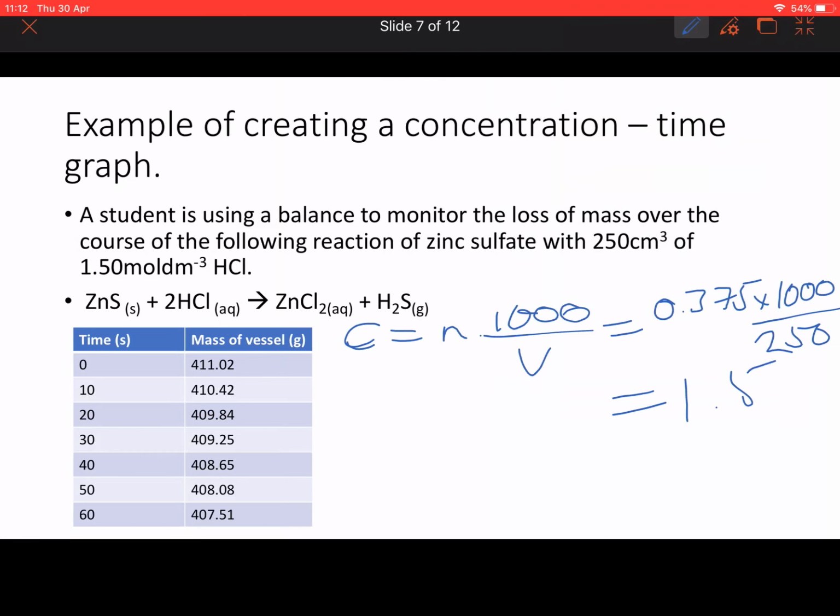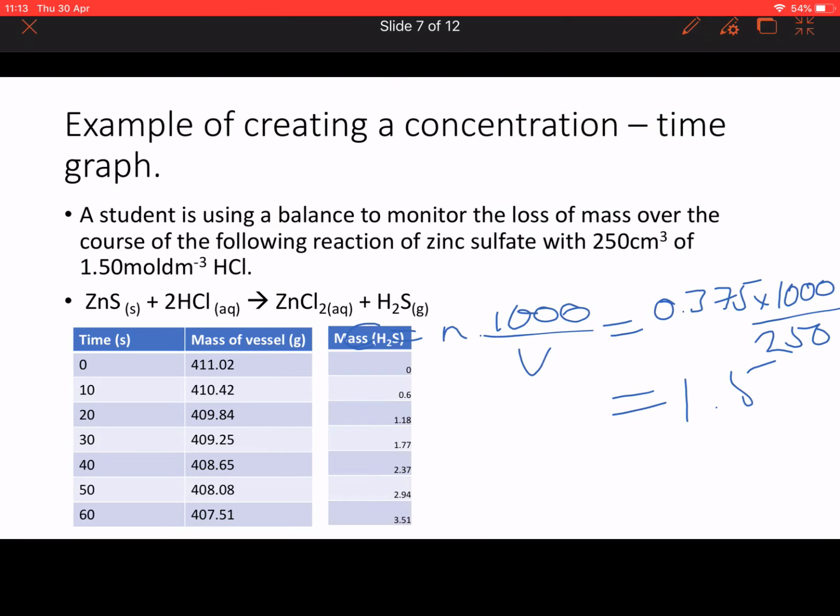Okay? You would need to do all of those things for each of these times, and that will now give you the concentration of hydrochloric acid at each particular time. Then I would want you to plot it as a graph.